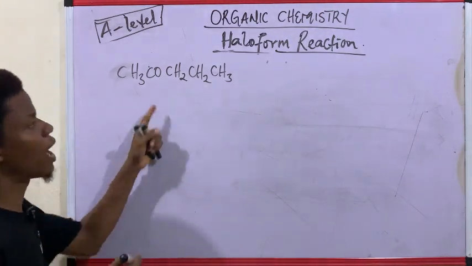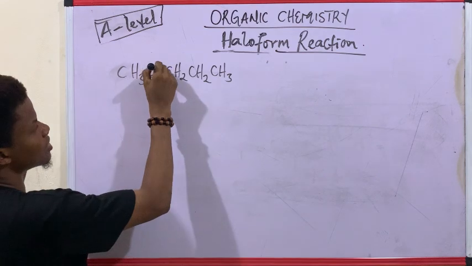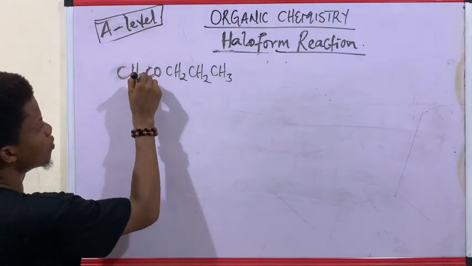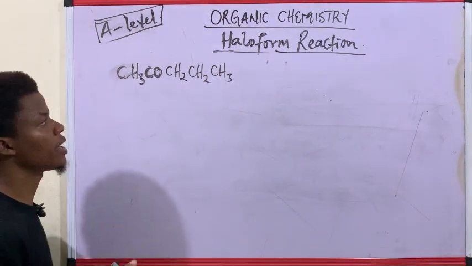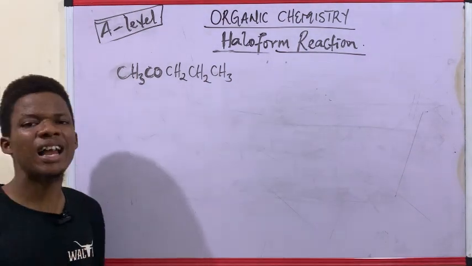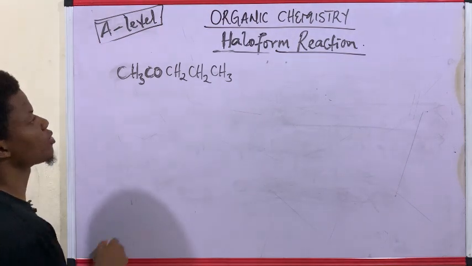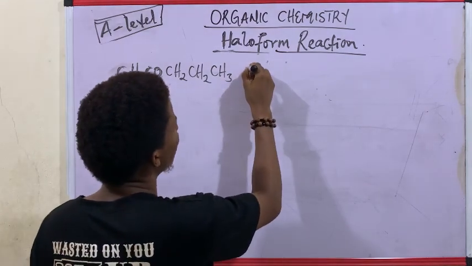Can this undergo haloform reaction? Yes. Why? Because if you look at this side, this is a methyl group, this is carbonyl, so it has a methyl carbonyl, so it can undergo haloform reaction.